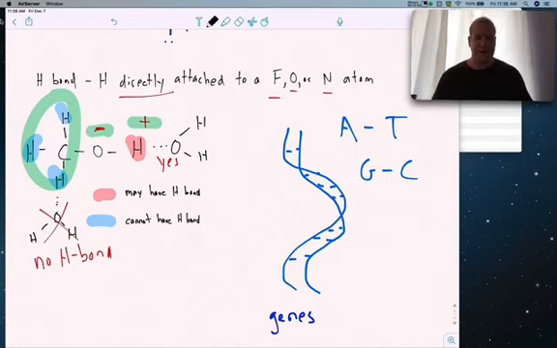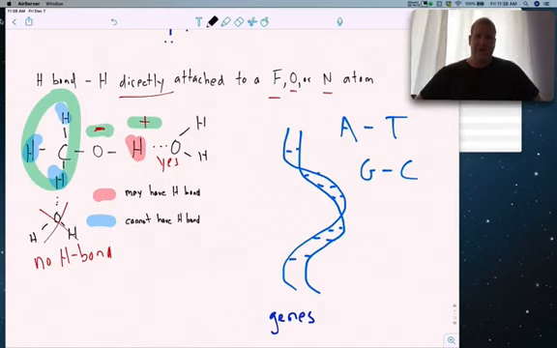So why do we care? Well, it's what holds DNA together. DNA has complementary strands. There's one coding strand and one backup strand, and adenine will always bond with thymine, or uracil in RNA, and thymine will only bond with adenine, and guanine will only bond with cytosine, and vice versa.